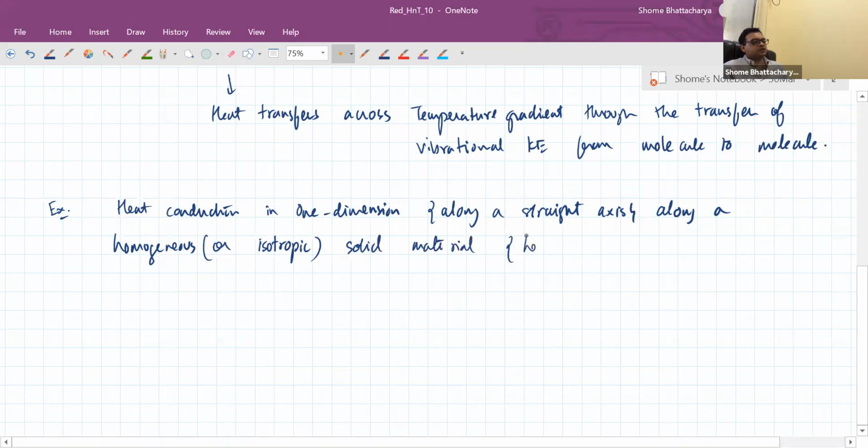And such a material is called a heat conductor because it is conducting heat. So any solid material is a heat conductor, but some are good conductors of heat and some are poor conductors of heat, depending on their physical properties.